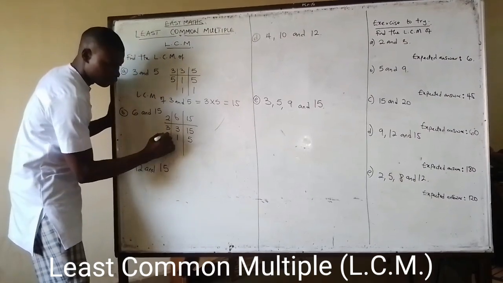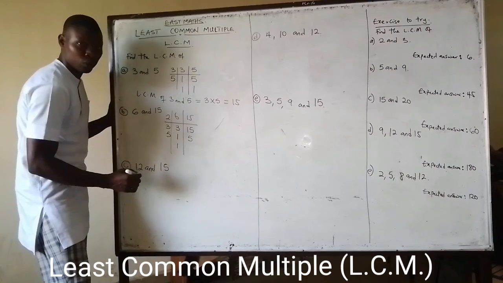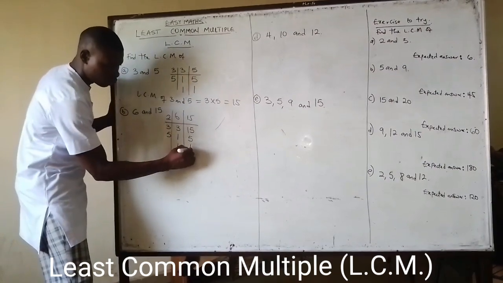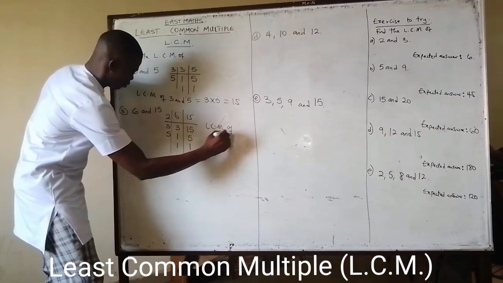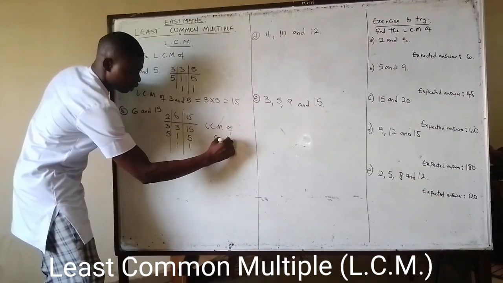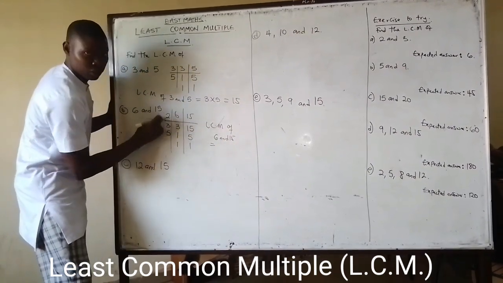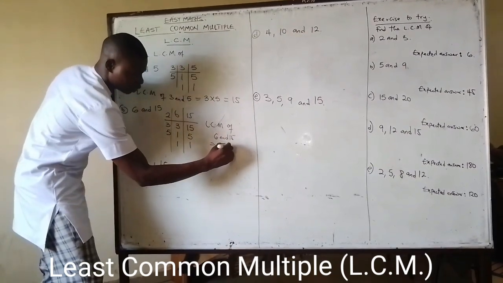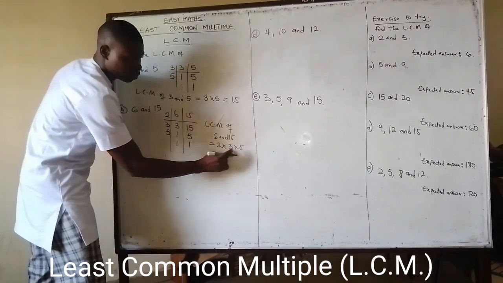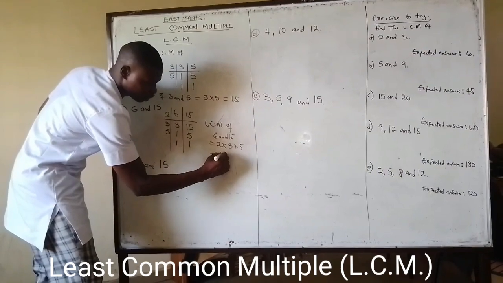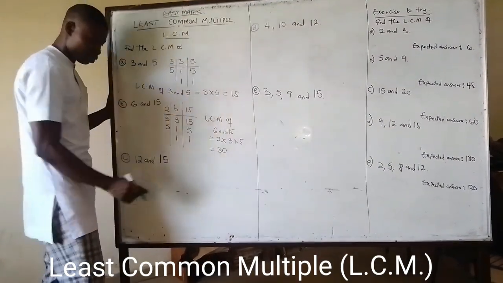What else can go here is 5. 5 in 1, we already have our 1 here. 5 in 5 will give us 1. So the LCM of 6 and 15 is equal to, we multiply all these here, 2 times 3 times 5. 2 times 3 is 6. 6 times 5 will give us 30. So therefore the LCM of 6 and 15 is equal to 30.